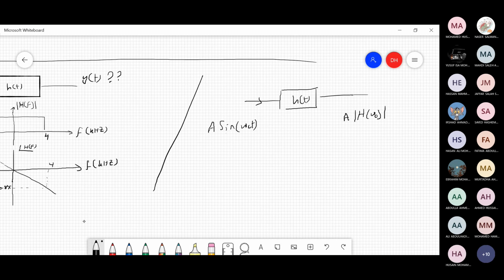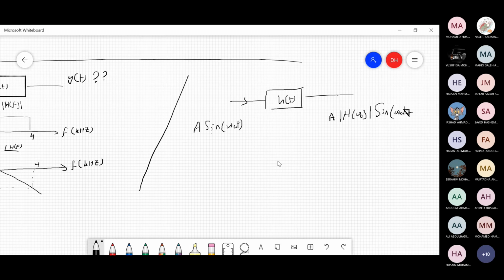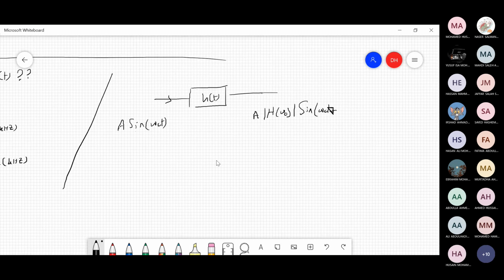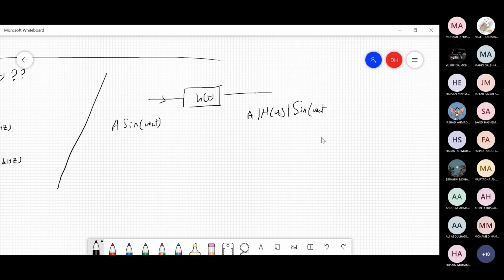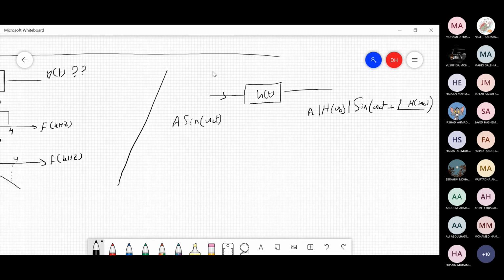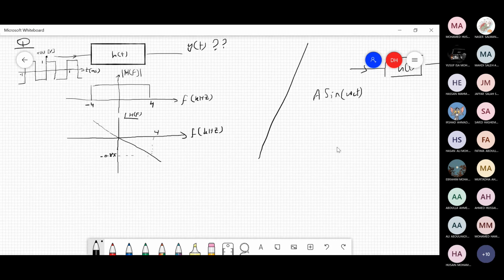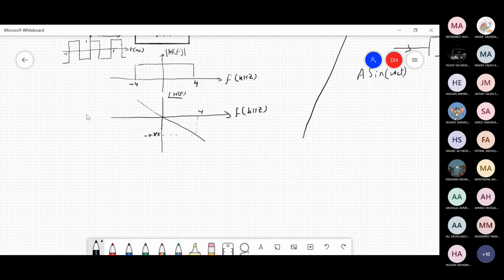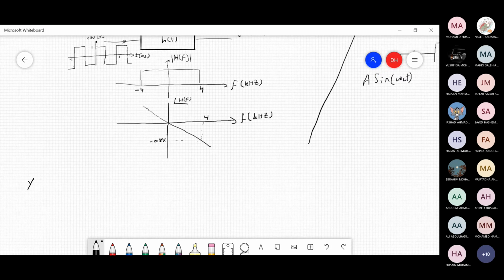So here we use sine, then it is equal to sine of omega naught t plus the angle of h of omega naught. Important here: change whatever you have in the input to sinusoid. Okay, so here input x of t, by using Fourier series we can change it to sinusoid.